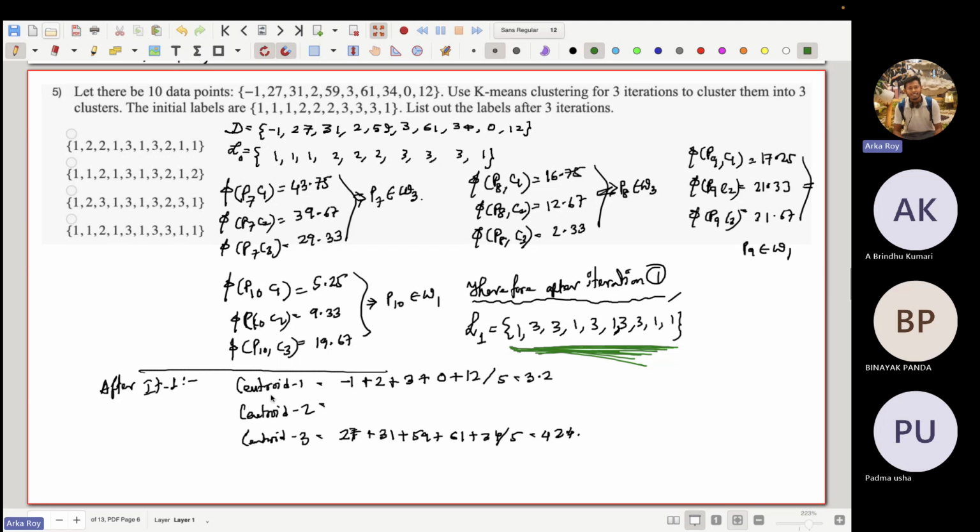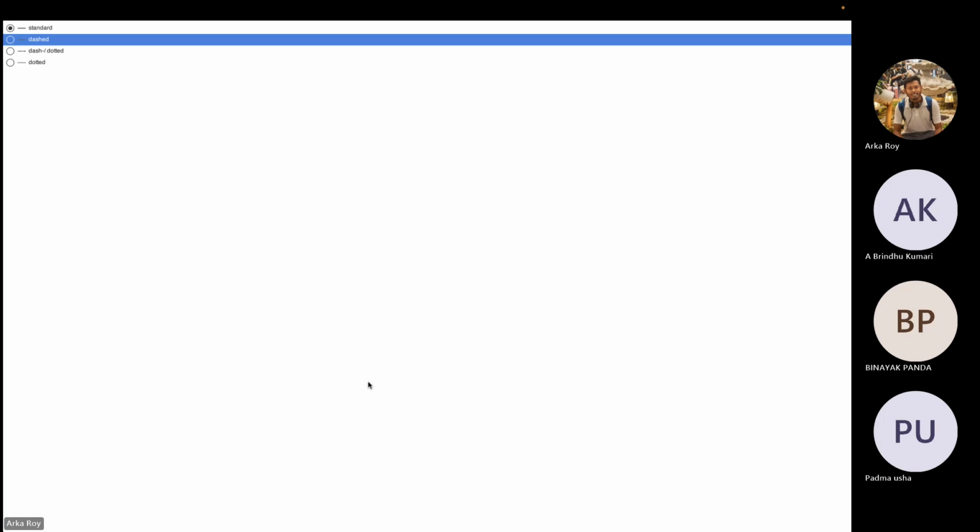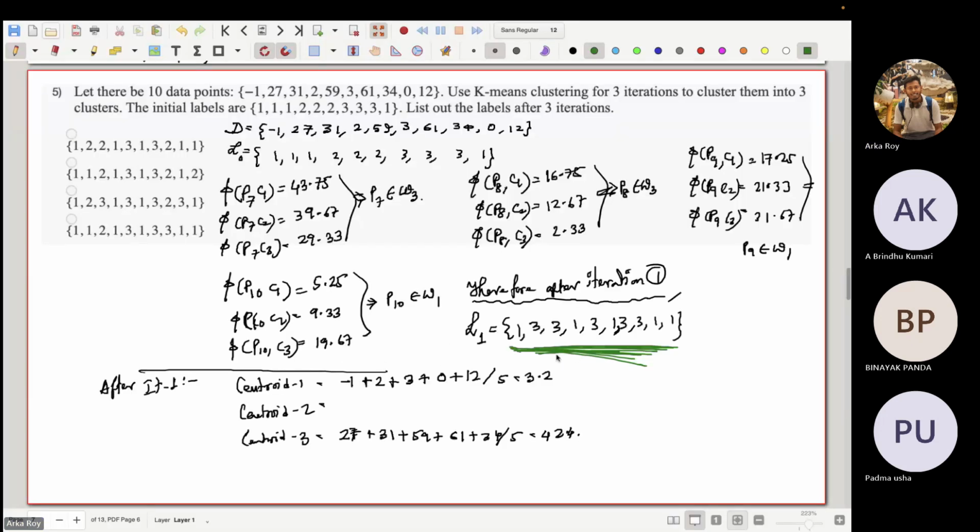So that means for group 2, there is no data after iteration 1. So what would be this centroid?